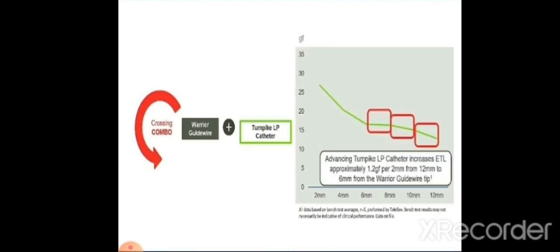Also here for the Turnpike LP catheter, advancing increases effective tip load approximately 1.2 gram force per 2 millimeter from 12 millimeter to 6 millimeter from the guide wire tip, and after 6 millimeter toward 2 millimeter, there is a big jump for the effective tip load, which may reach up to about 26 gram force.